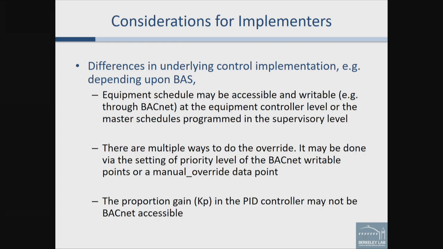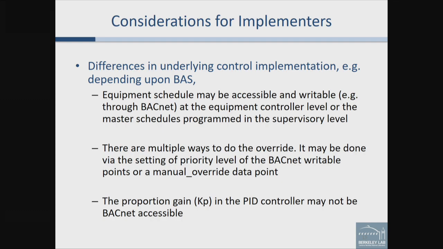For example, in some buildings the equipment schedule is located at the equipment controller, and in other buildings the schedule is located at a supervisory level. So we need to find the correct place to overwrite that value.